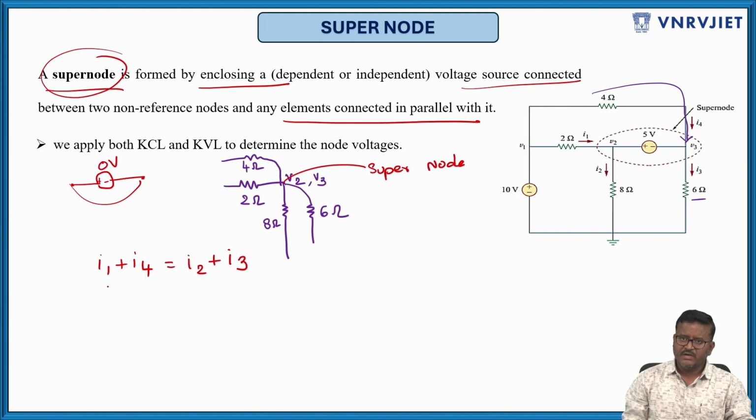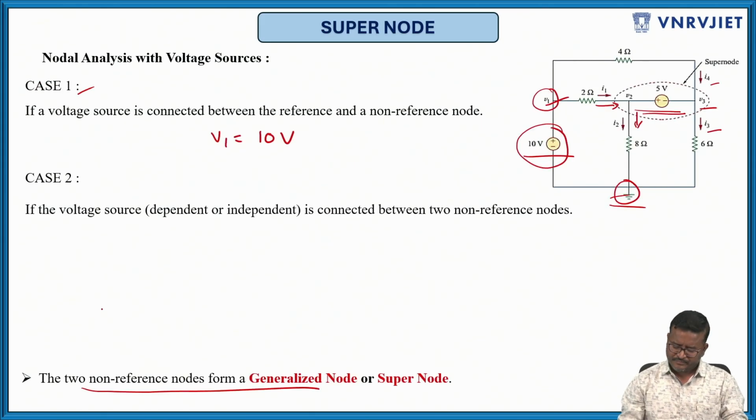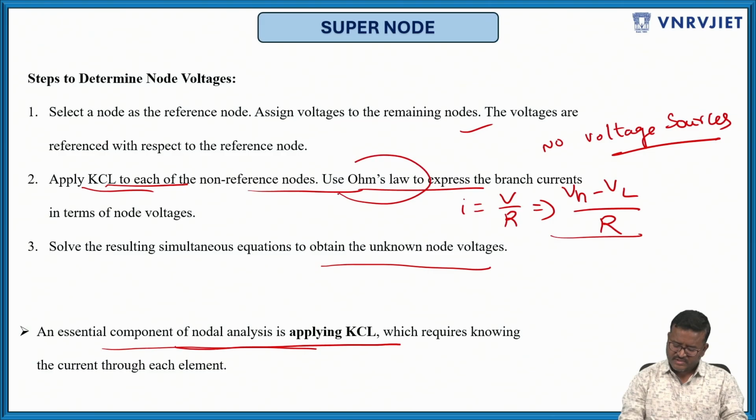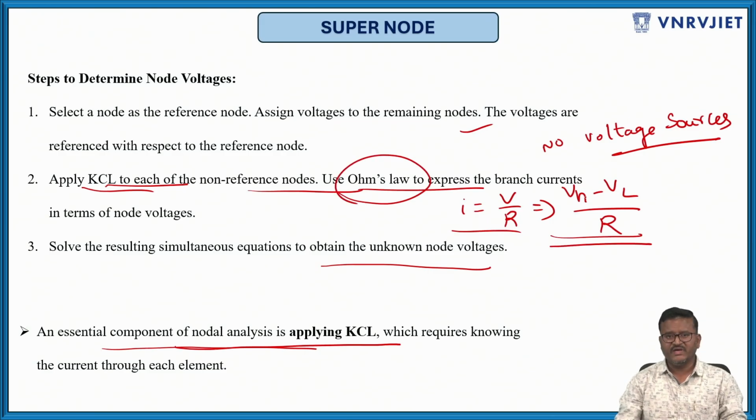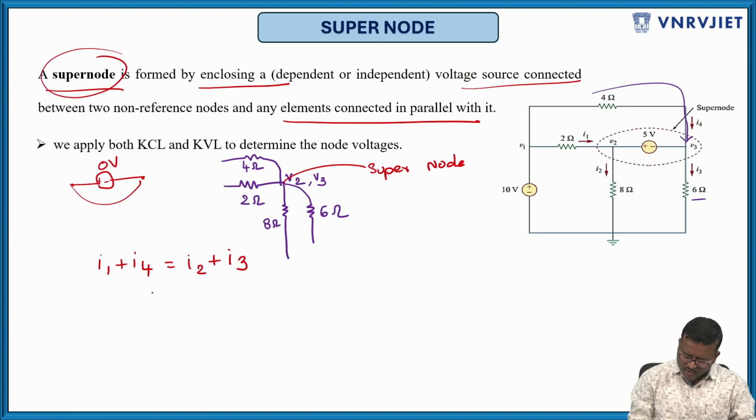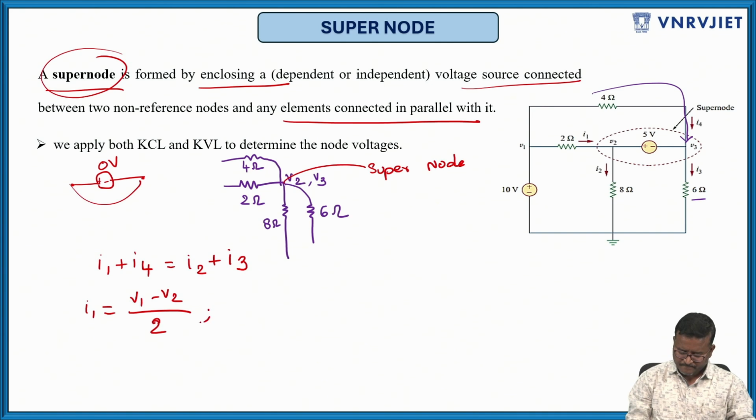How do you calculate I1? I1 is found using Ohm's law: VH minus VL divided by R. So I1 equals (V1 minus V2) by 2. Then I4 equals (V1 minus V3) by 4.